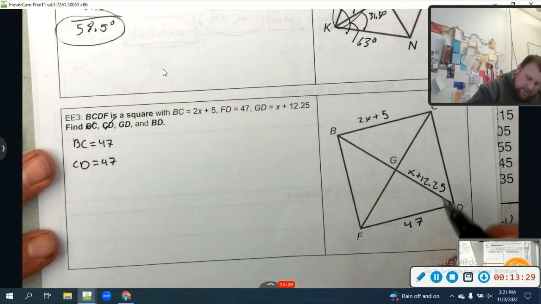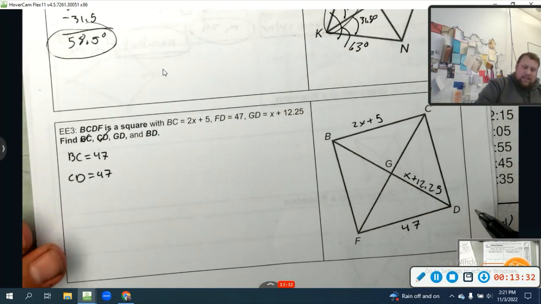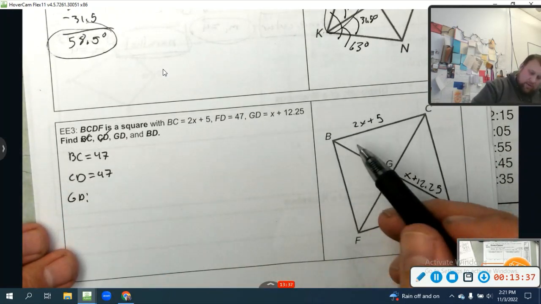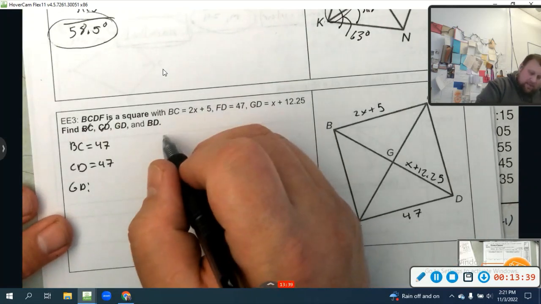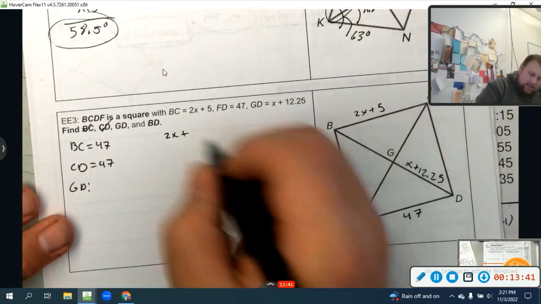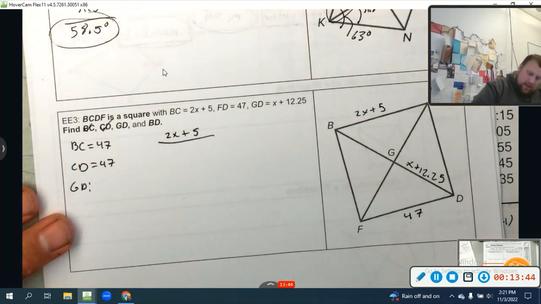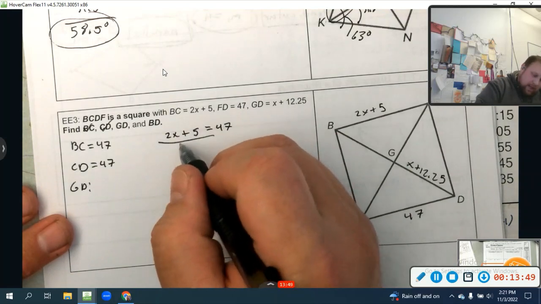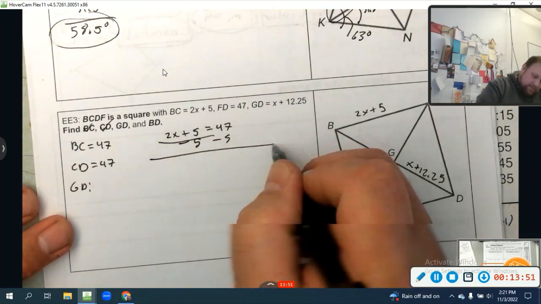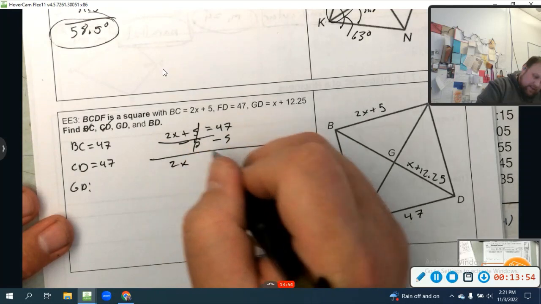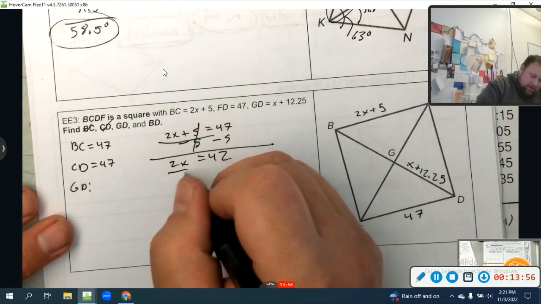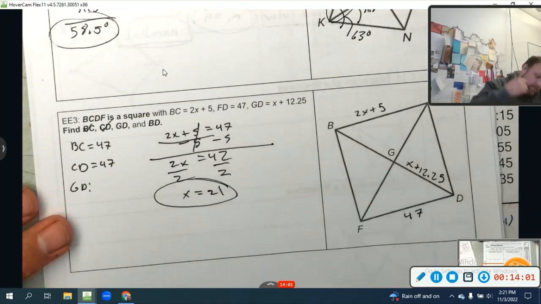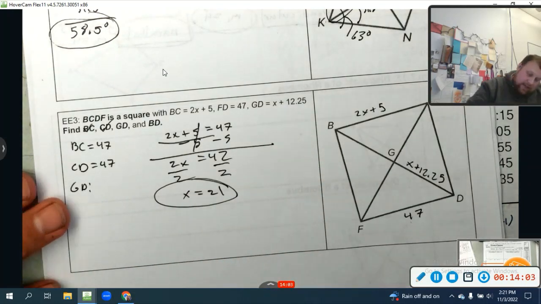GD. All right. So to do this, I got to solve for x. We know BC is equal to FD. So that means 2x plus 5 equals 47. We're going to subtract 5 from both sides. I get 2x equals 42, divide that by 2, and we get x equals 21. Now, that's just x. I got to plug x back in to get GD.